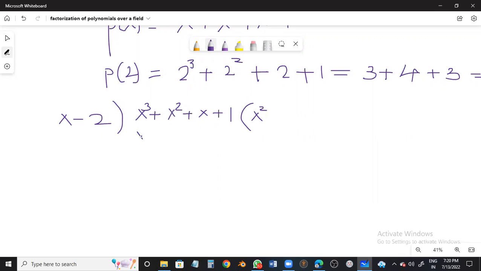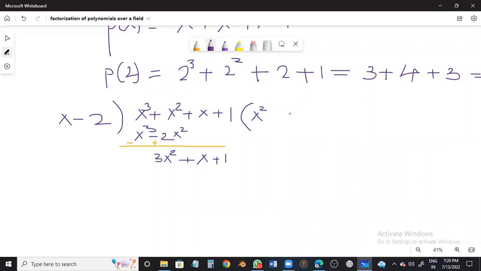I got x cube, then I have minus 2x square. And I'm subtracting, so I change the signs. This will be minus, this will be plus. So what do you get in hand? 3x square, am I right? Plus x plus 1.